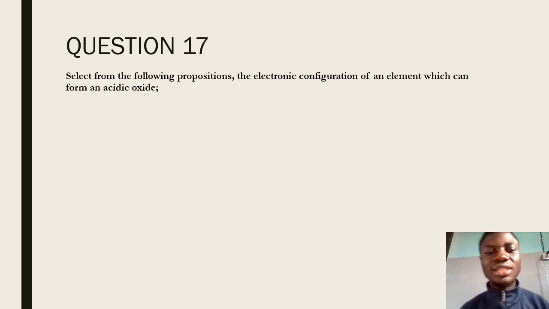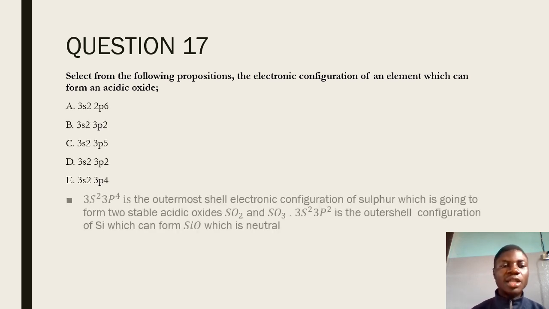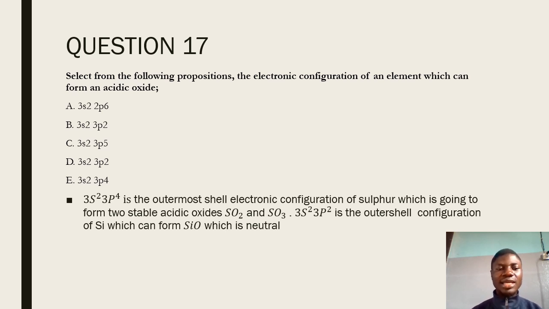Question 17 says, select from the following propositions the electronic configuration of an element which can form an acidic oxide. Now from the above, you can see that 3s2 3p4 is the outermost shell electronic configuration of sulfur, which is going to form 2 stable acidic oxides, sulfur dioxide and sulfur trioxide, and therefore meaning that the answer is going to be E, because E is going to form acidic oxides.